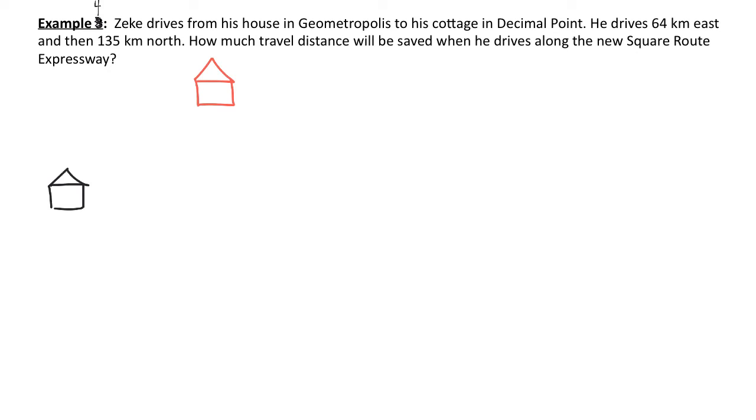So what we're told in the question is that Zeke starts off from his house and then he drives 64 kilometers east. So if you think of a compass rose, okay, so we've got north, east, south, and west.